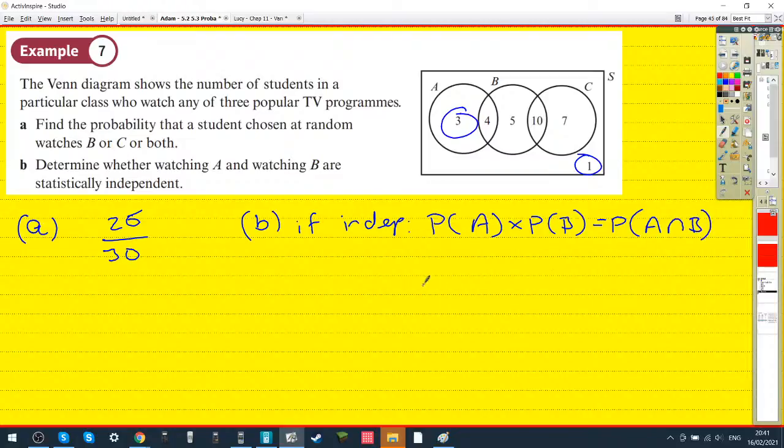Okay. So it'd be probability of A, which is 7 out of 30, times probability of B, which is 19 out of 30.